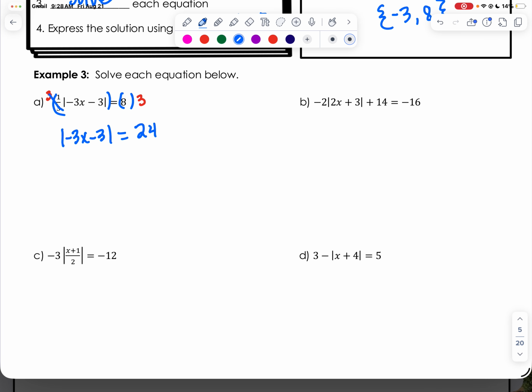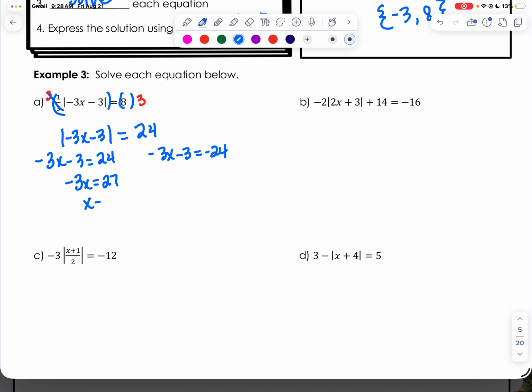Now, once you have your expression isolated, you're going to rewrite it as negative 3x minus 3 equals positive 24, and negative 3x minus 3 equals negative 24. Then solve each of these equations. So step 1, add 3. So negative 3x equals 24 plus 3 is 27.